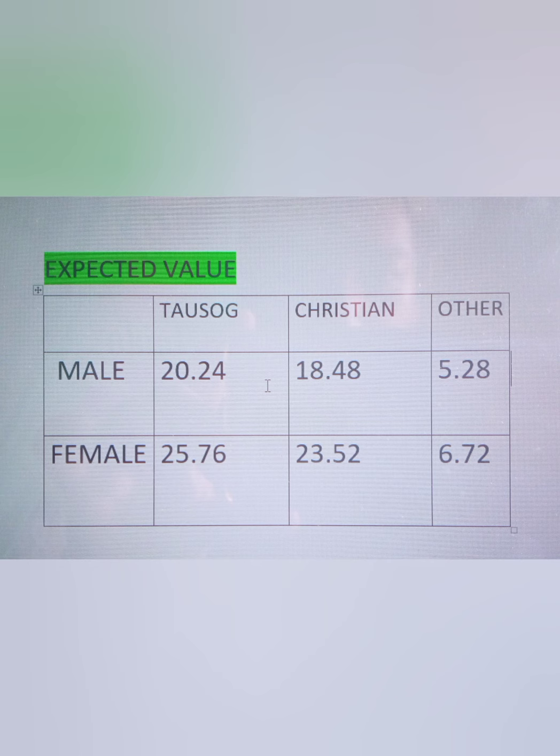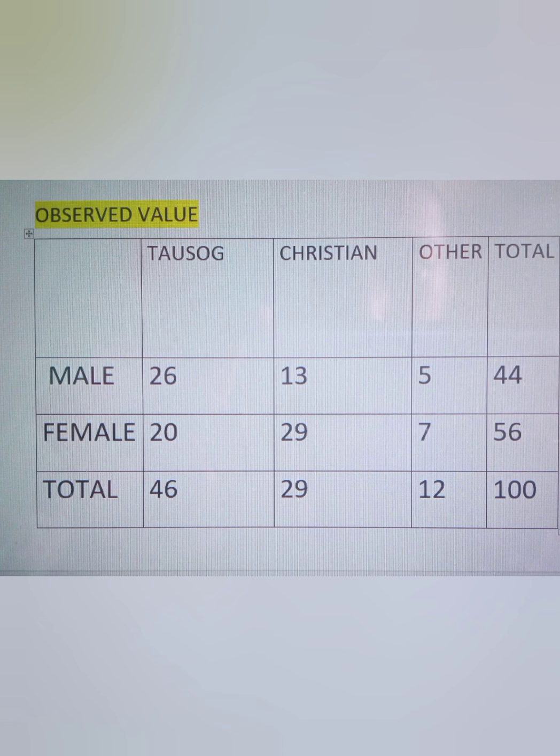How to get this expected value for male, female? We have to use a calculator and a formula for this. What is the formula for this? You are going to multiply the total male and the total of the female.